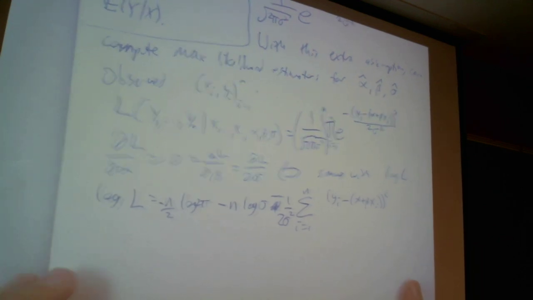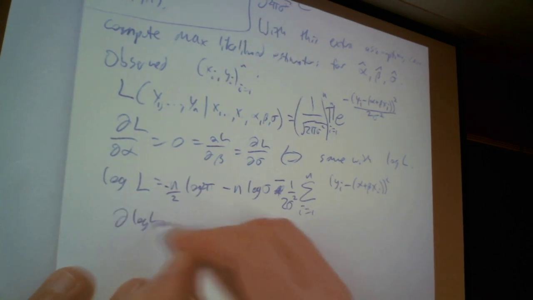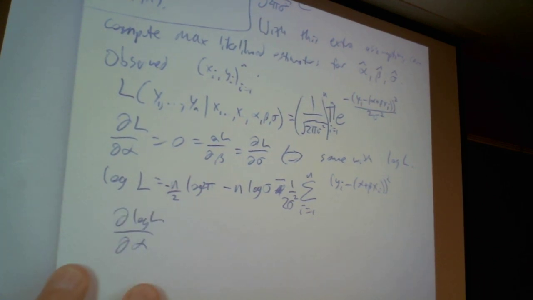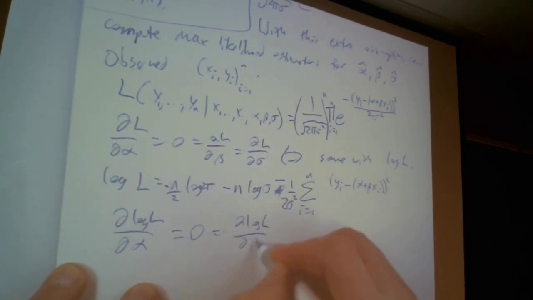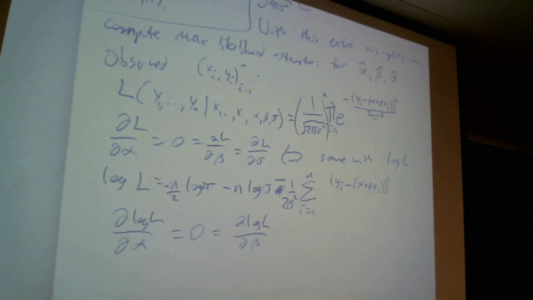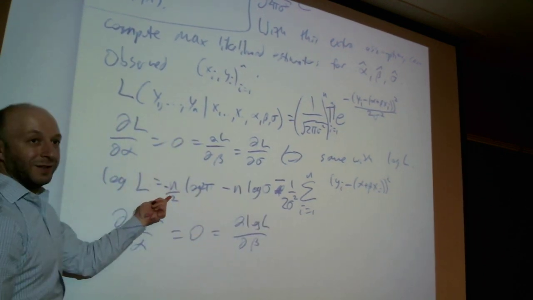So guess what will happen when we take the derivative with respect to alpha and set it equal to 0, and do the same with the derivative with respect to beta. It's the same thing as minimizing the sum of squares error. Exactly, because there's no alpha or beta in the other terms; those both go to 0.